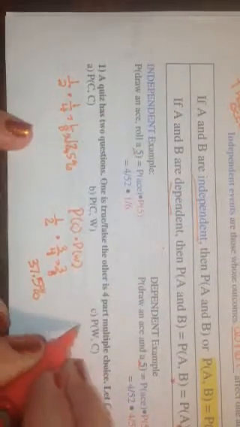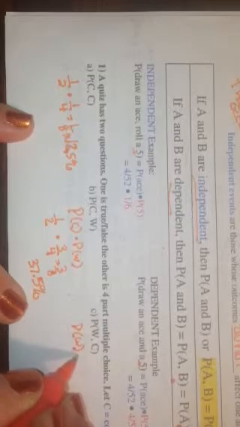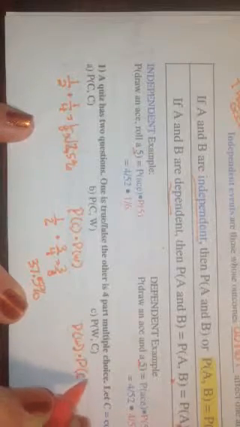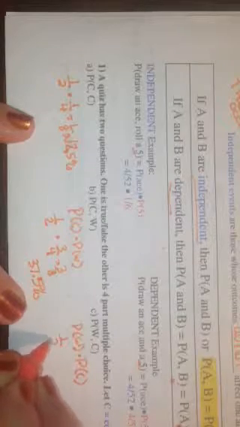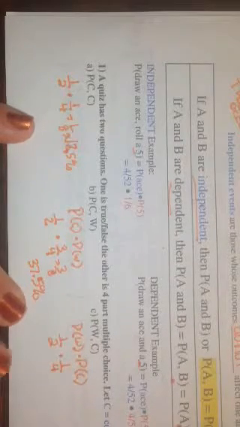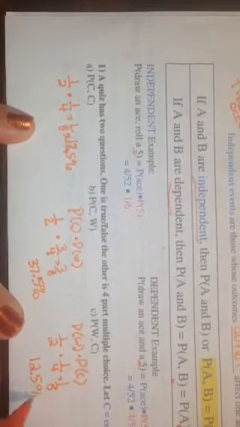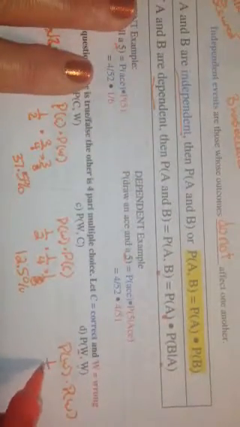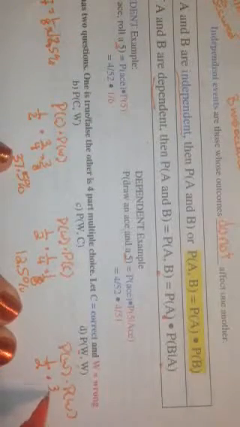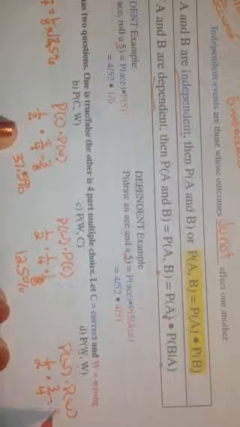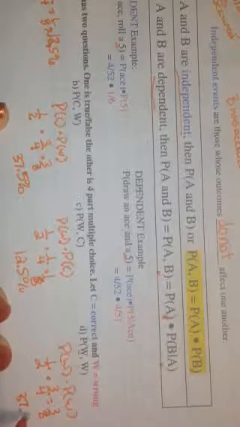The probability of a wrong true, false times the probability of a correct multiple choice would be 1/2 times 1/4. So this is 1/8 or 12.5% again. The probability of a wrong and a wrong: one-half to get a wrong true, false, 3/4 to get a wrong multiple choice. So that's 3/8 or 37.5%.